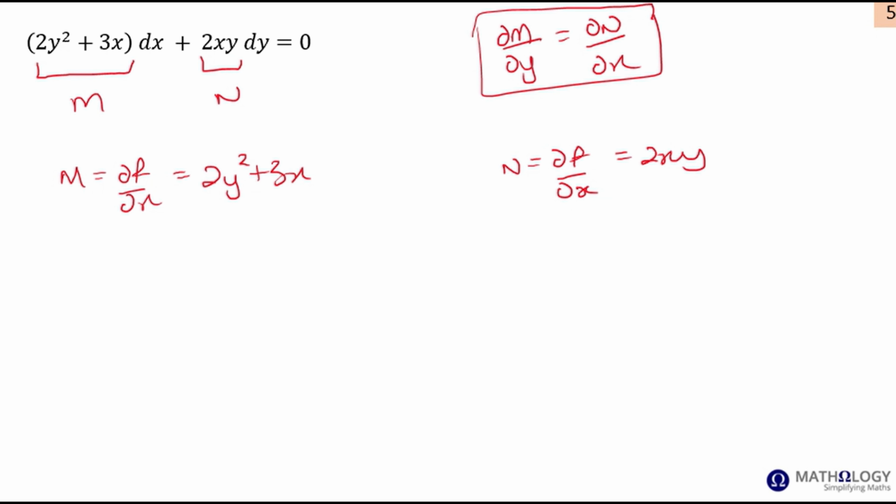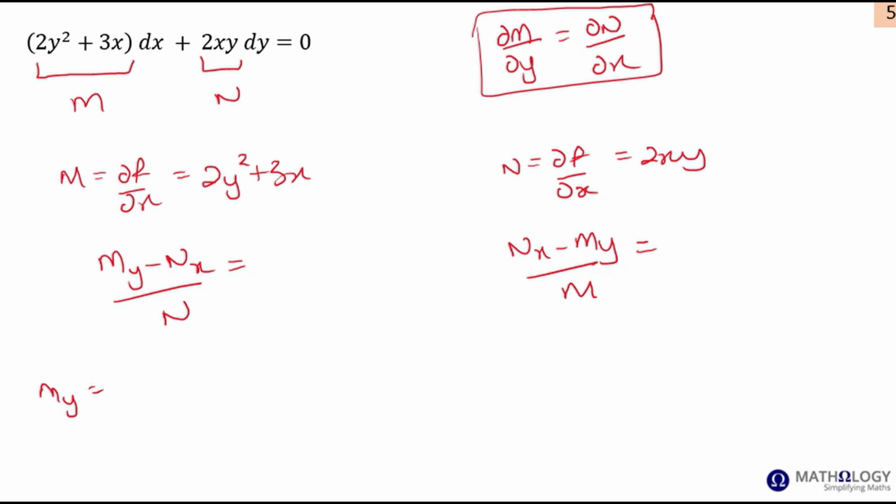Those expressions are given as M sub y minus N sub x over N, and N sub x minus M sub y over M. Now, just this notation, M sub y is the partial derivative of M with respect to y, and N sub x is the partial derivative of N with respect to x.